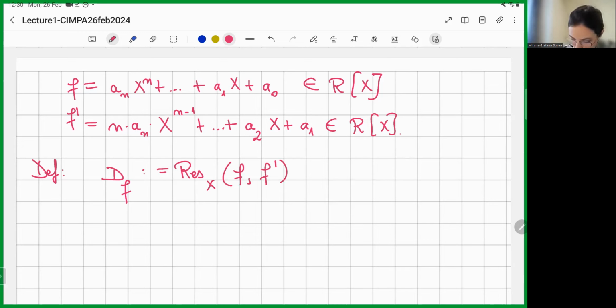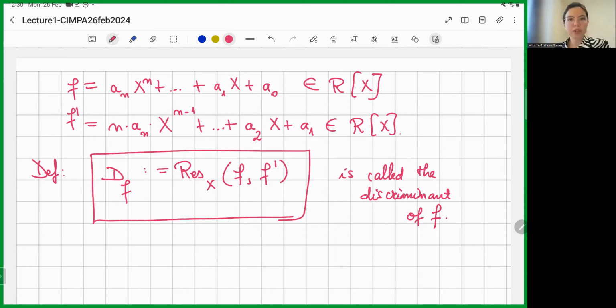This is called the discriminant of f. And now, of course, you can quickly think of the connection between f and f prime having a common 0 and the discriminant.